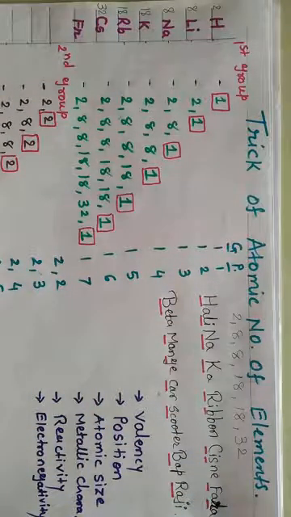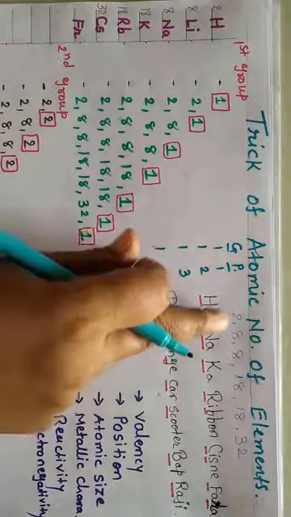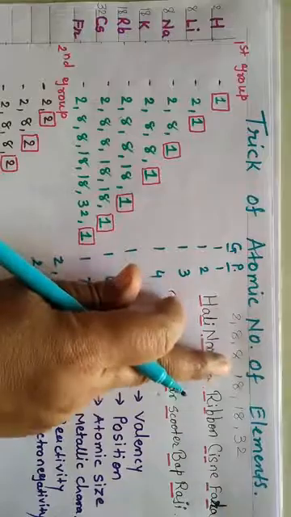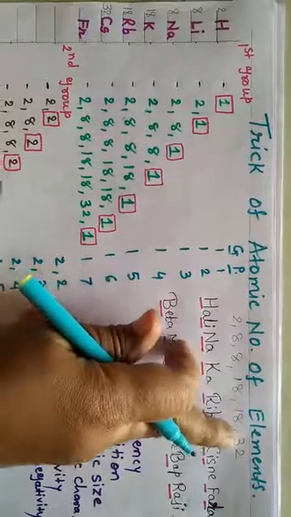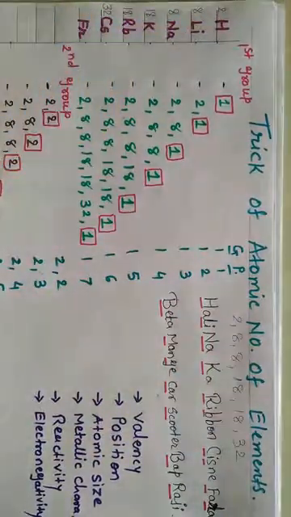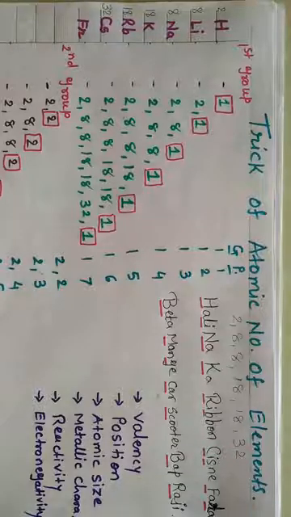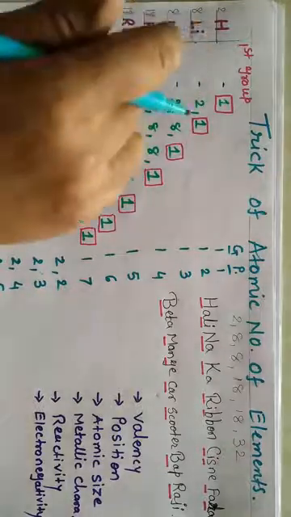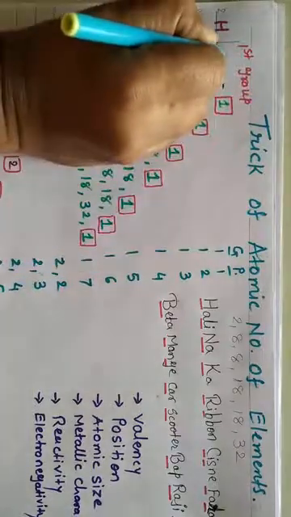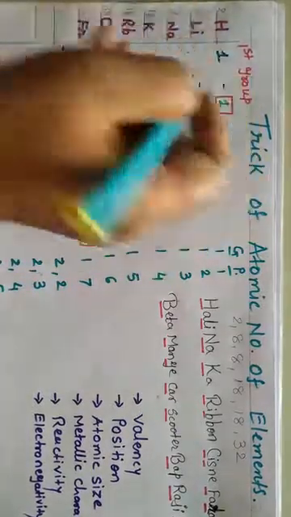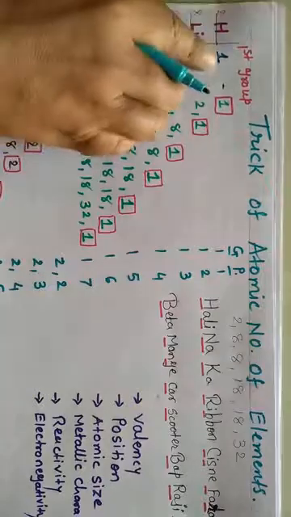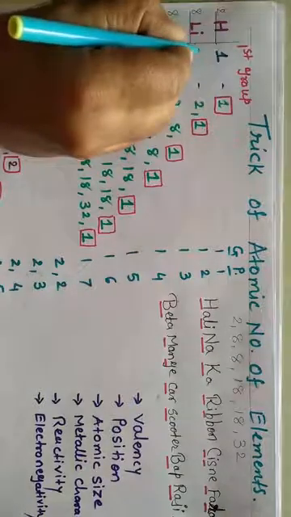Now for finding atomic numbers, you are supposed to write down this number 2, 8, 8, 18, 18, 32 near these elements. As you know, the atomic number of hydrogen is 1. So add 2 to 1, we get 3.